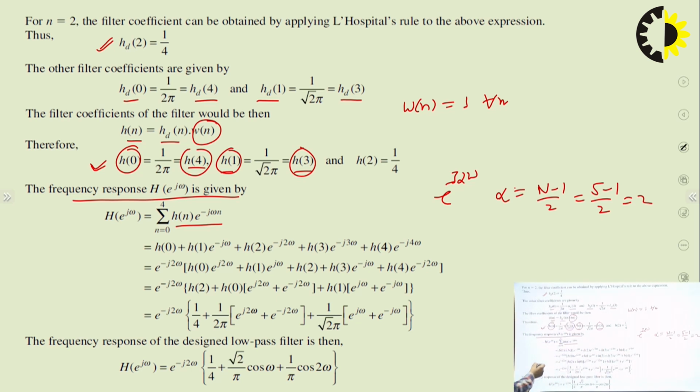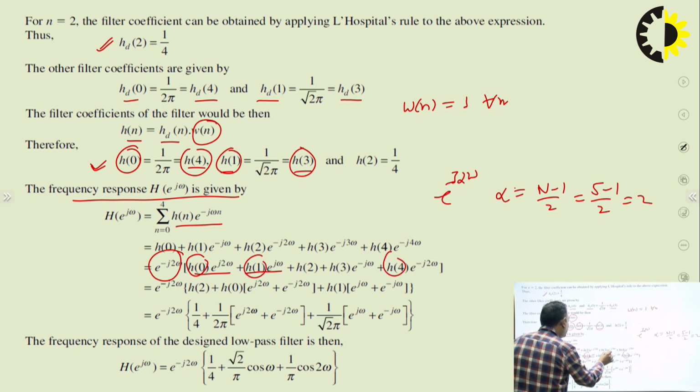Okay. Then we take the e to the power minus j 2 omega term outside, and accordingly we have converted these values: h0 e to the power j 2 omega, h1 e to the power j omega, plus so on. Now you know that h0 will become h4 and h1 equals h3, so accordingly we have arranged these values and put in the coefficient values.